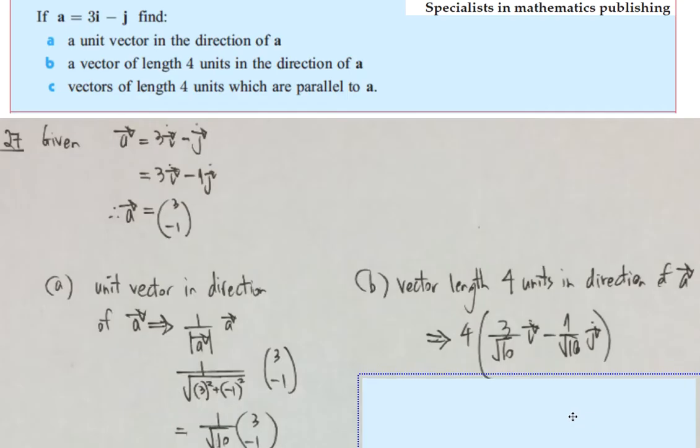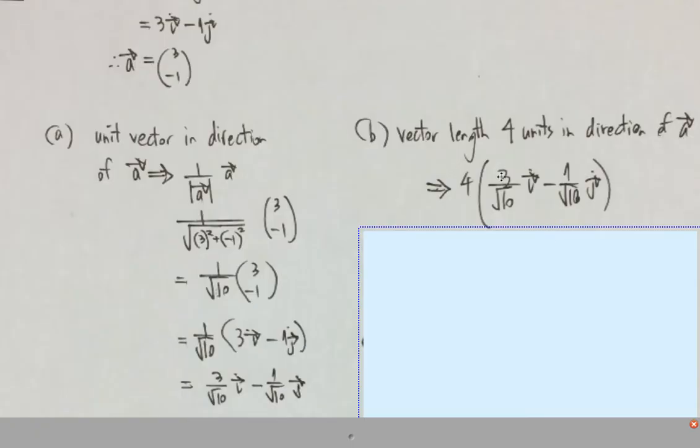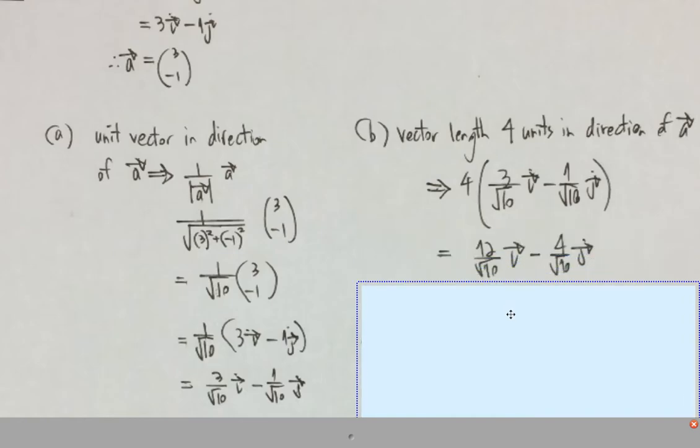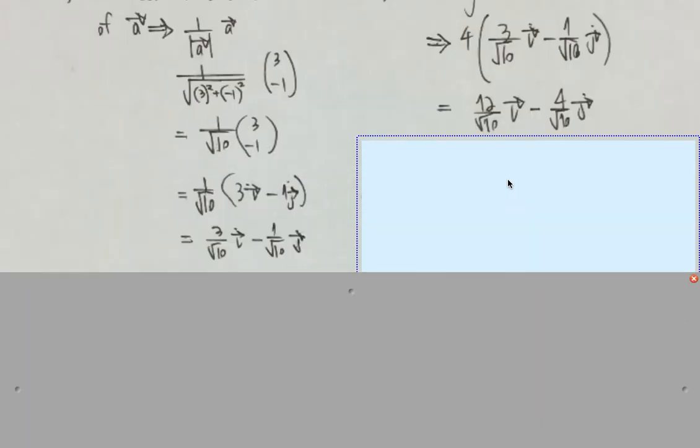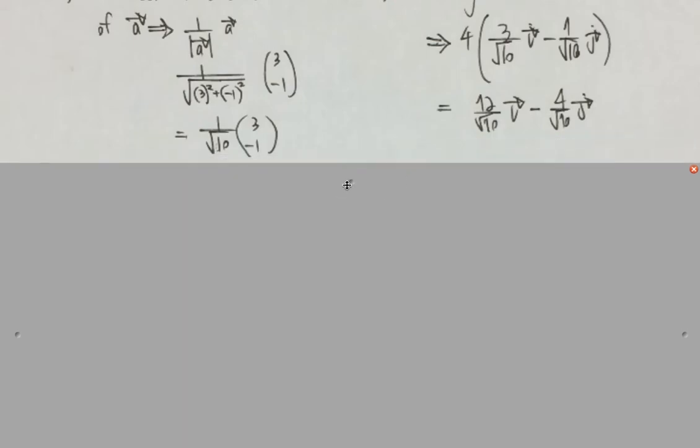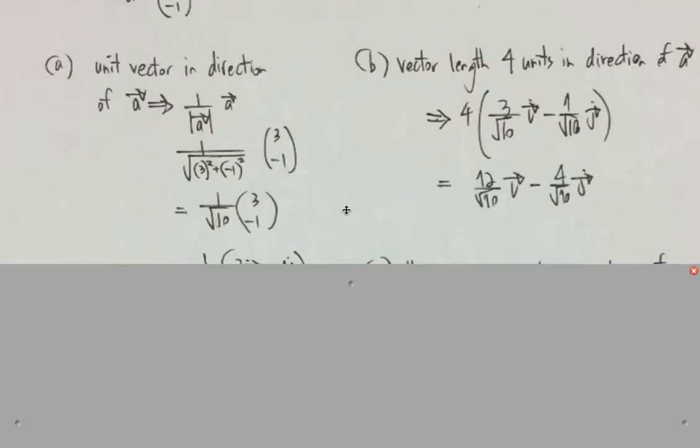So we're just going to multiply the unit vector by 4. That's the distributive property. And we get 12 over root 10 i vector minus 4 over root 10 j vector.